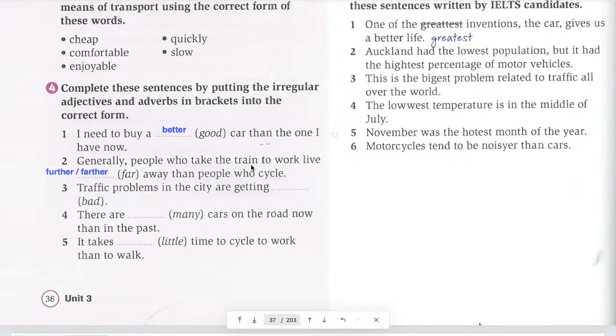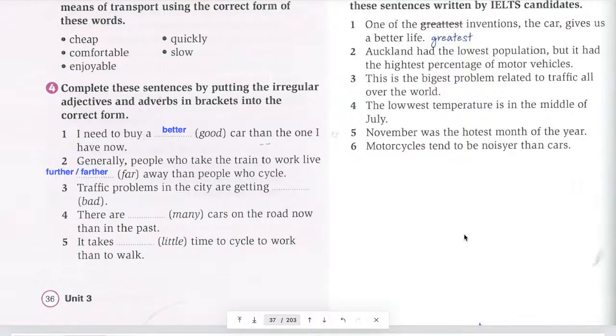On page 123, open it. You see that? You need to learn by heart the whole page.